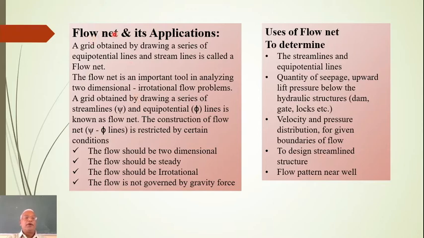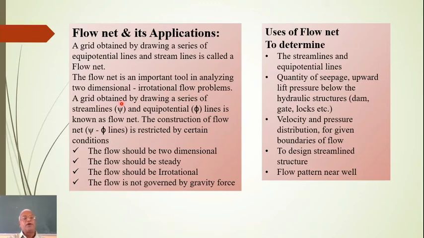Now there is a flow net, that is a grid of equipotential lines and streamlines put together. It is called a flow net. A grid obtained by drawing a series of equipotential lines and streamlines is known as a flow net. The flow net is an important tool in analyzing two-dimensional irrotational flow problems.